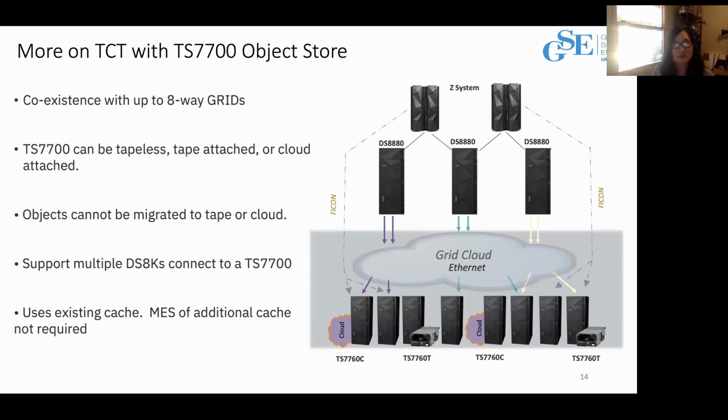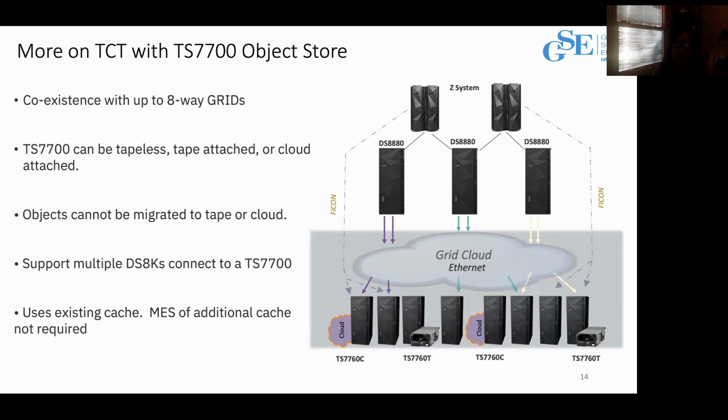On a TS7700, today we support 1 to 8 clusters in a grid. The object data can target 1 or 2 of those 8 clusters for a single DS8000. In fact, you can have multiple DS8000s targeting the same 7700, and there's no problem there.